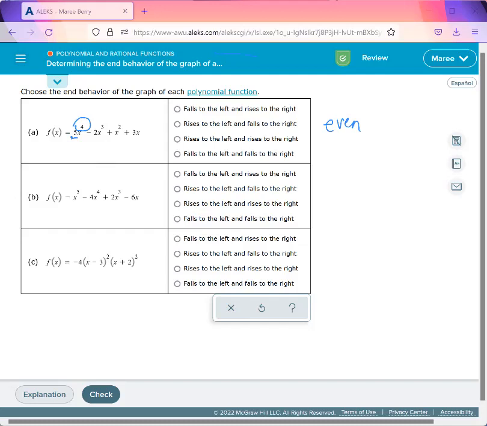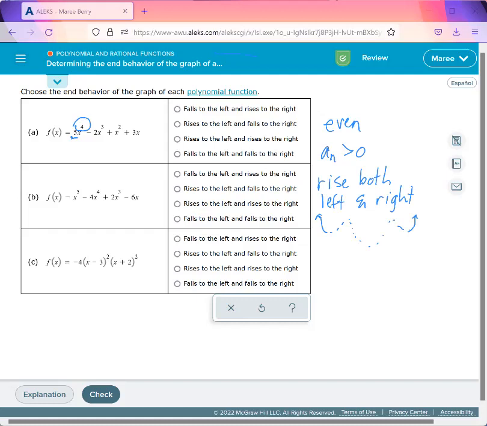If that first number, a sub n, is greater than 0, so it's positive, then in this example A, it's even and a sub n is positive, so it's going to rise both on the left and the right. It will look kind of like this, and who knows what's in between, but the two ends will be rising both left and right.